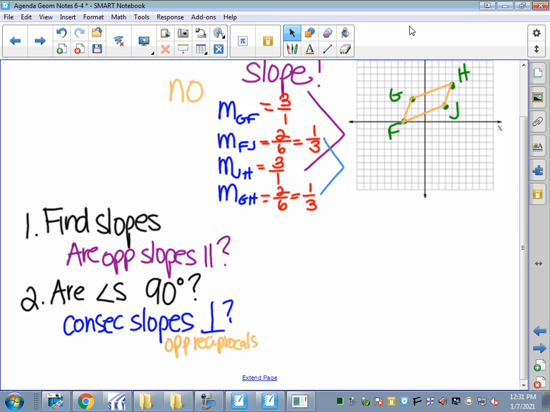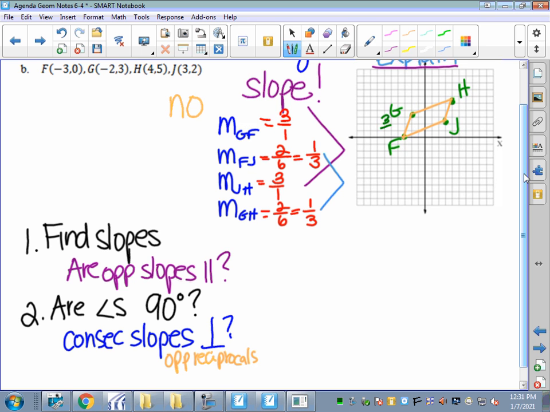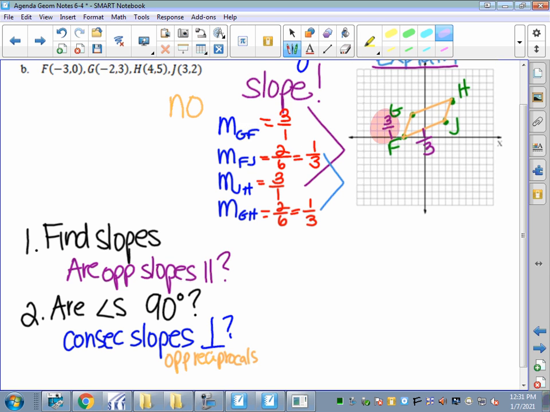So in other words, I'm asking if GF has a slope of 3/1, and FJ has a slope of 1/3 when I simplified it. Are these two numbers opposite reciprocals, opposite signs and flipped over fractions? Because if they are, then they're perpendicular.